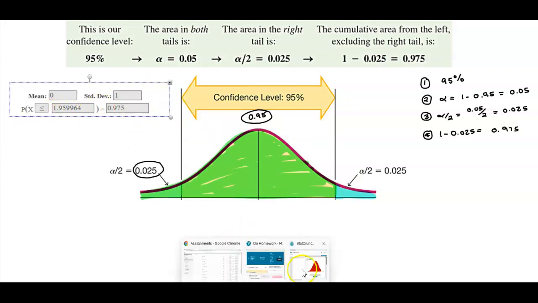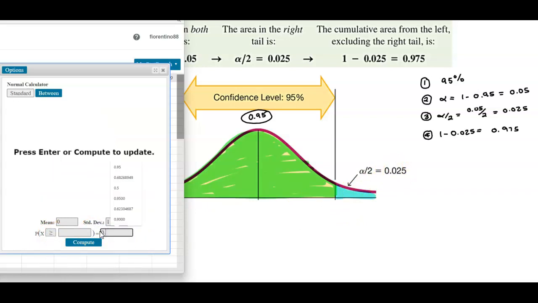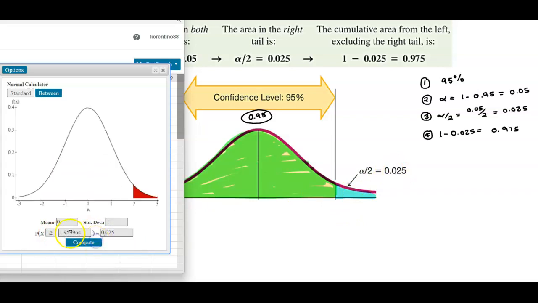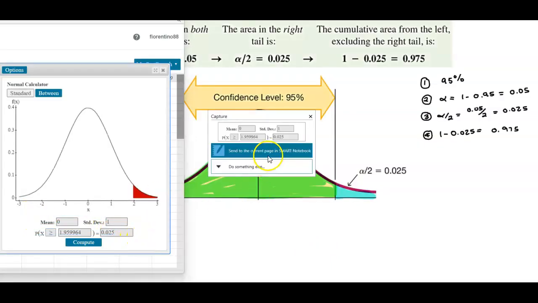Likewise, if we come up here, select Refresh, we can also find that critical value if we change this to be greater than or equal to, and put in this area of 0.025. That's going to give us the same critical value of positive 1.96.